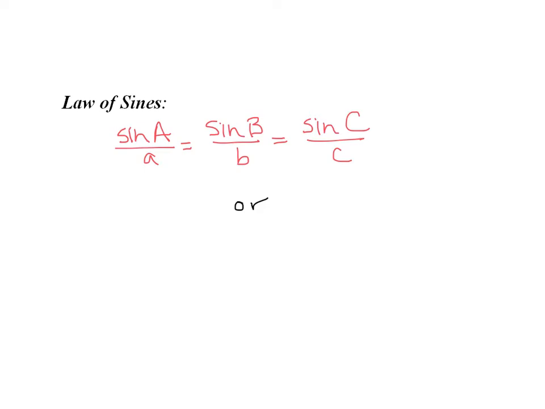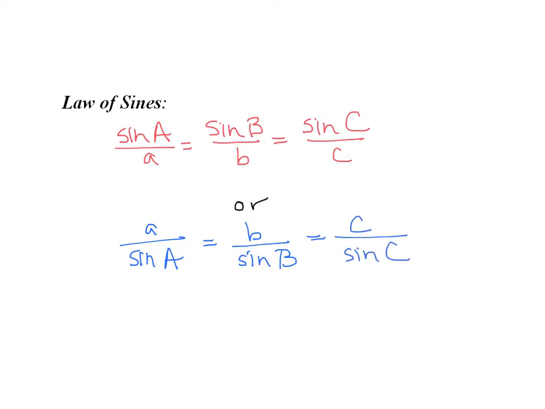Or you can take the reciprocal of all 3 proportions: little a over sine A equals little b over sine of B equals little c over sine of C. The only thing here is I would pick one of these versions and stick with it. I primarily use this top one, but really it does not matter. You're going to get the same outcome.